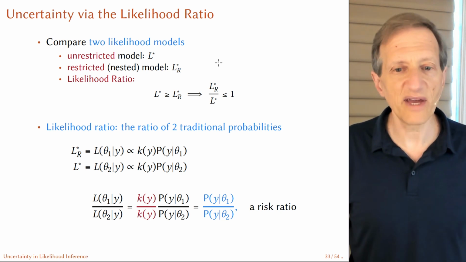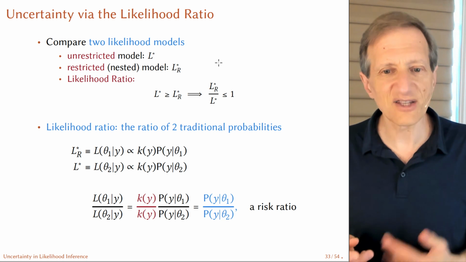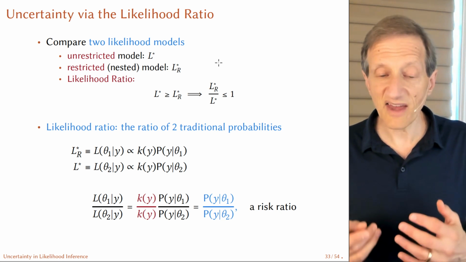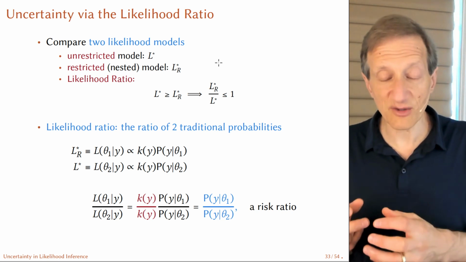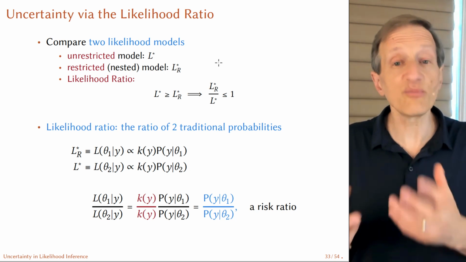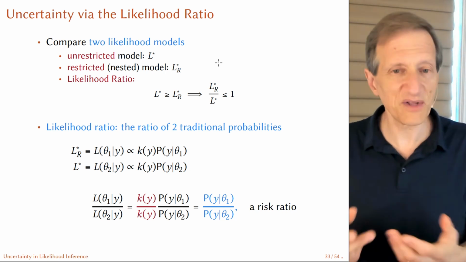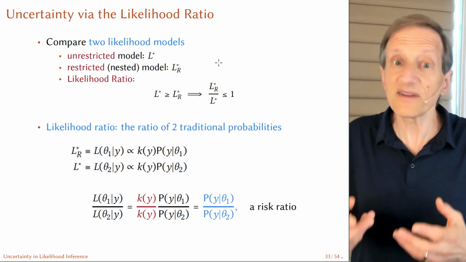That ratio is always going to be less than 1, but let's suppose it's 0.5. Then the unrestricted value, the maximum likelihood estimate, has a probability that's twice the restricted value. That's a meaningful number. If it's 1, then they're the same. If it's close to 1, then they're nearly the same.